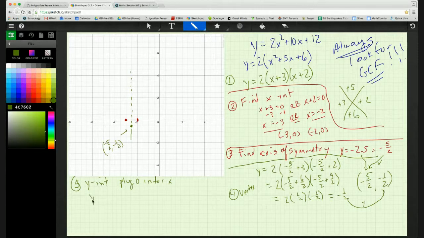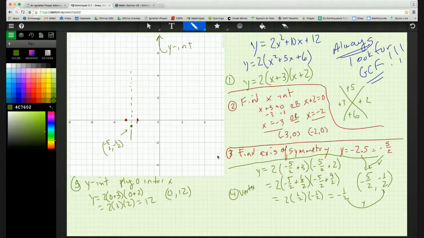So we say, well, y is equal to 2 times (0 plus 3) times (0 plus 2). That's 2 times 3 times 2, which is equal to 12. So our y-intercept is (0, 12). Uh-oh, well, that's way up here. So we can't really put that on our graph.